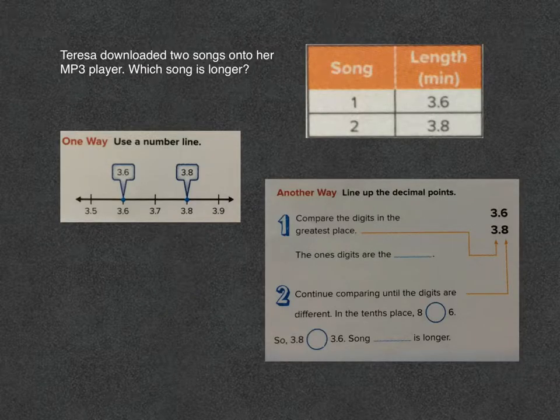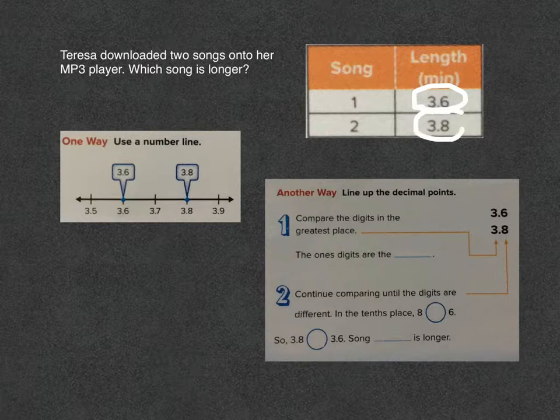All right, so here our problem says, Teresa downloaded 2 songs onto her MP3 player. Which song is longer? So one song is 3 6/10, and the other is 3 8/10 of a minute. One option we have is to use a number line.